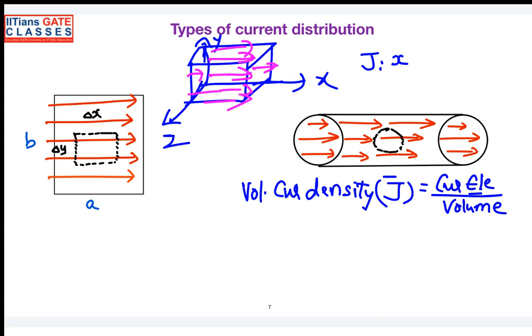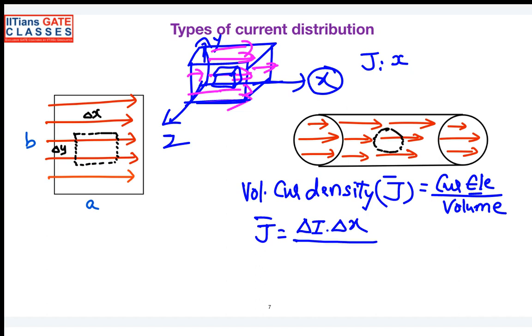Now, how to find the current element in that case? You take a small parallelepiped here, and the current element means the small amount of current in a length of delta x, because as I mentioned, current density lies along x direction.